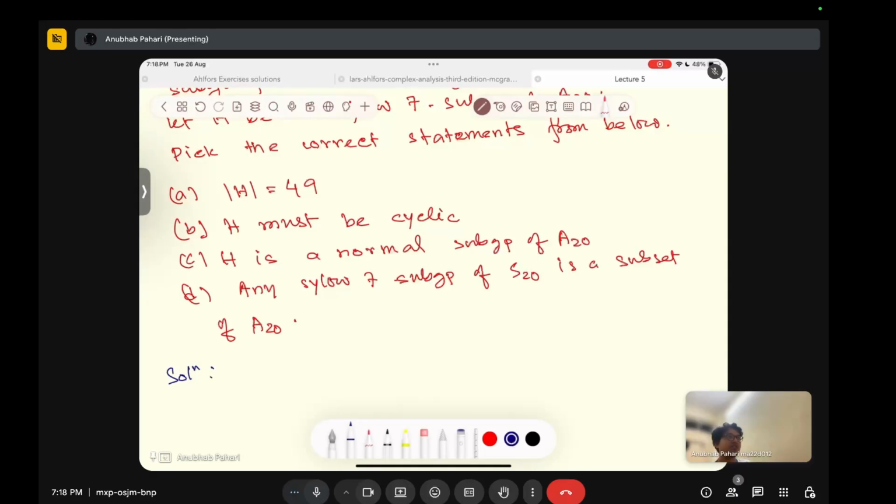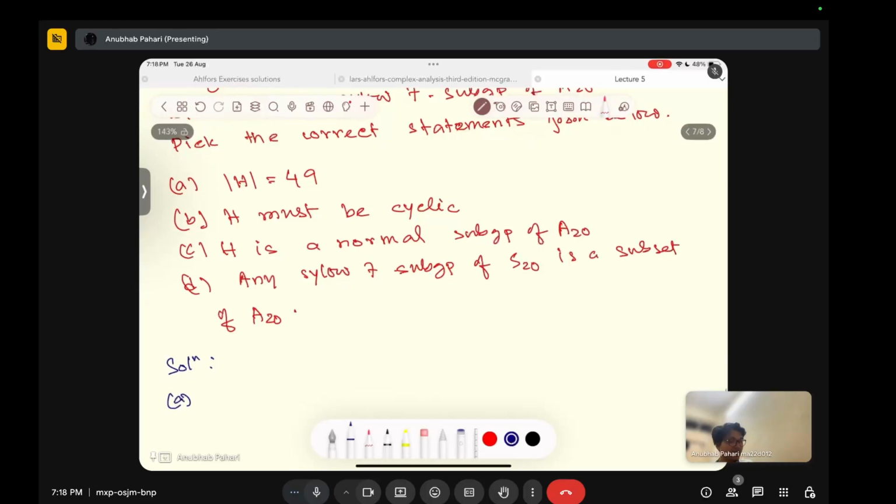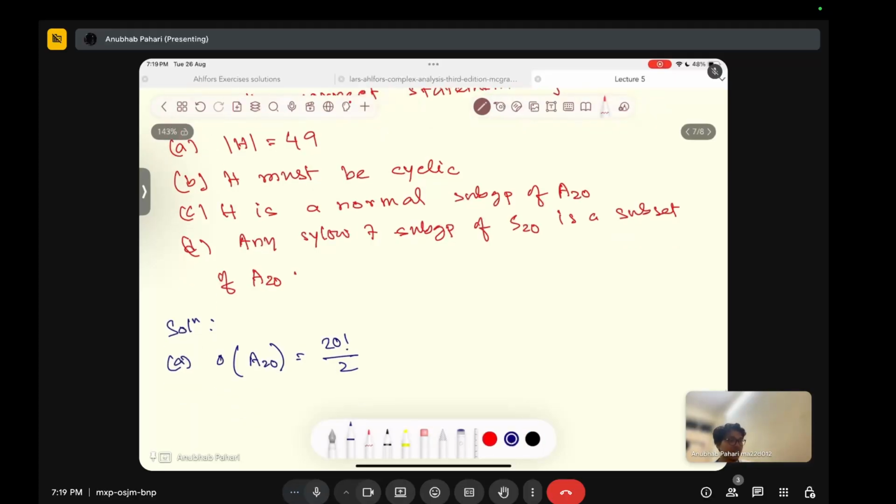Let me do this formally. Order of A20 equals 20 factorial by 2, which is hard to write, but no need to calculate.